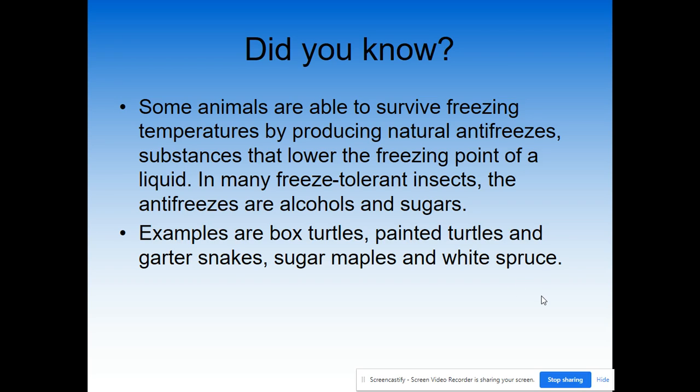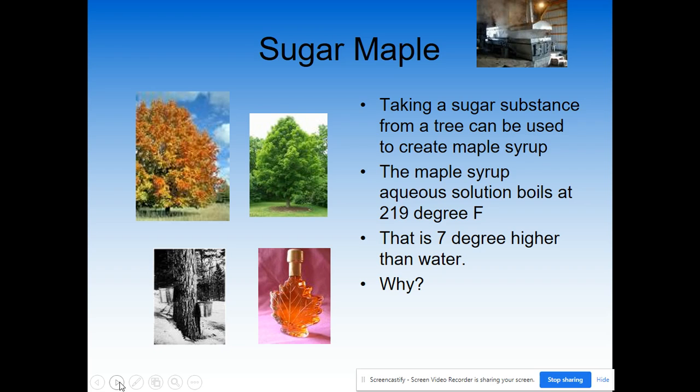One reason behind this is that some animals actually have a natural antifreeze in their bodies. This happens with some types of turtles as well as snakes, and some of our trees also have it. Just to give you an example, we think about the sugar maple.